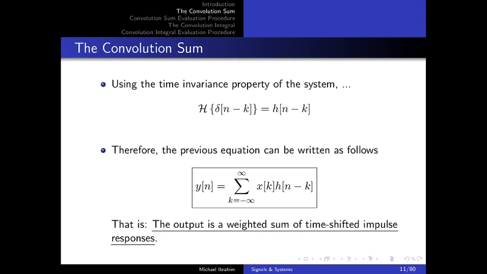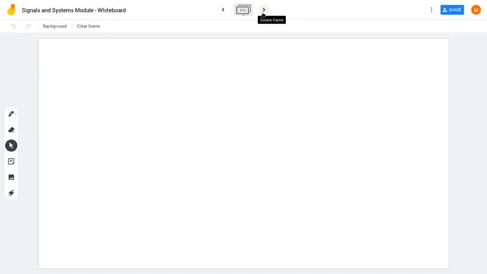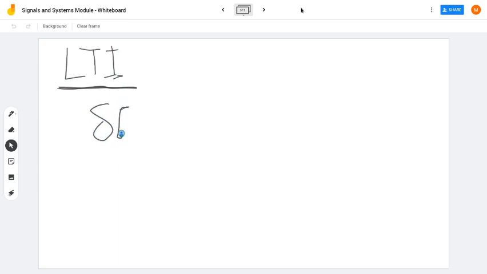So let's move to our whiteboard over here and see how it goes. Since we have an LTI system, a linear time invariant system, we can do the following. If we have an impulse delta of n applied to the system h, the output will be an impulse response h of n.